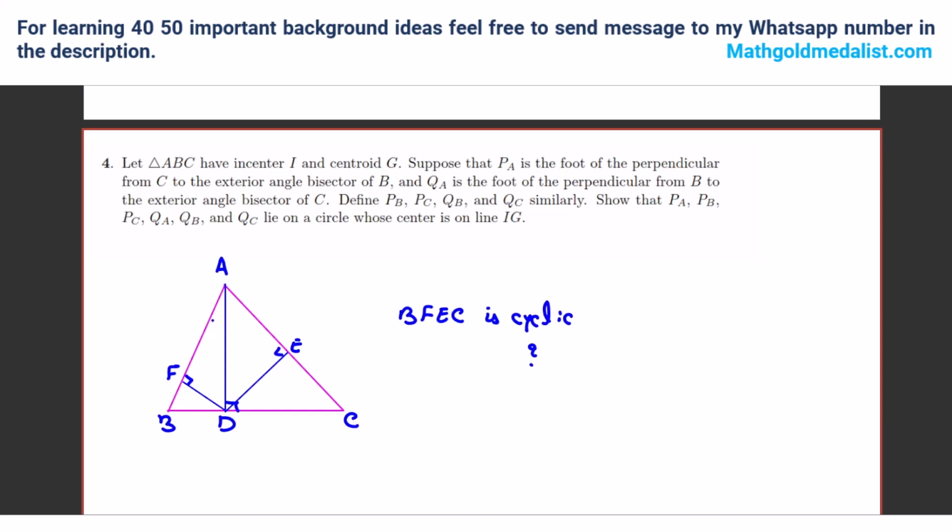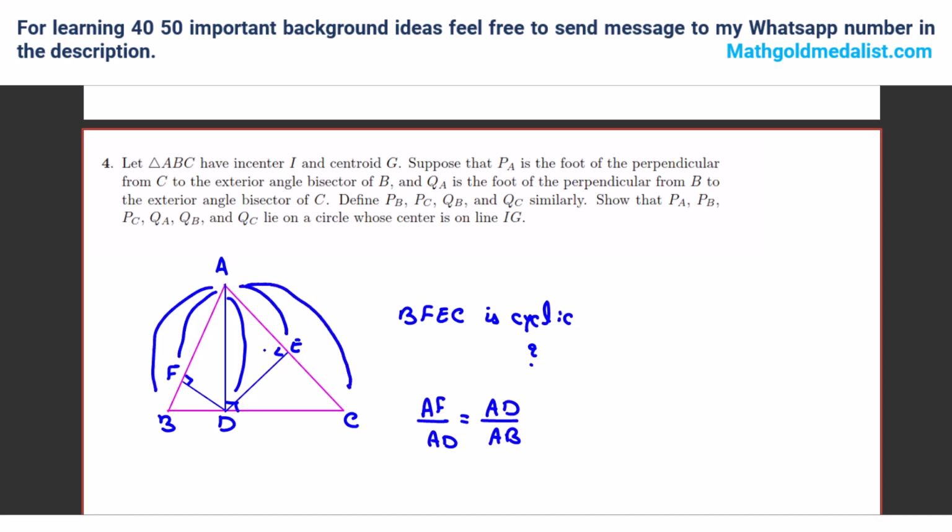AF over AD equals AD over AB. Let me write AF over AD equals AD over AB. And then AE over AD equals, yes, exactly. You can say AD squared is AF times AB is equal to AE times AC, right?